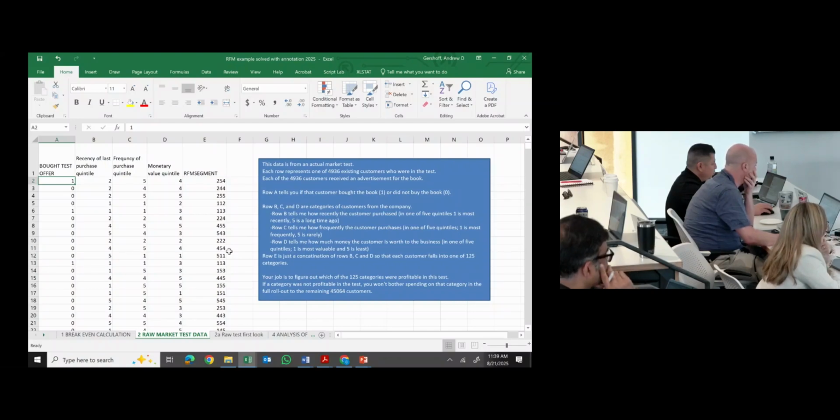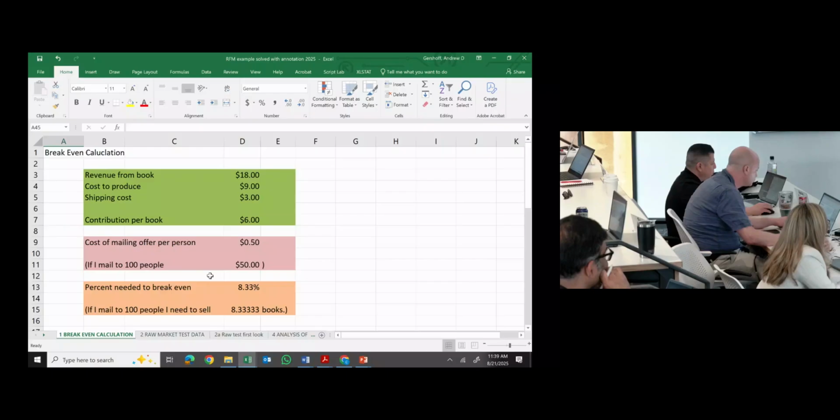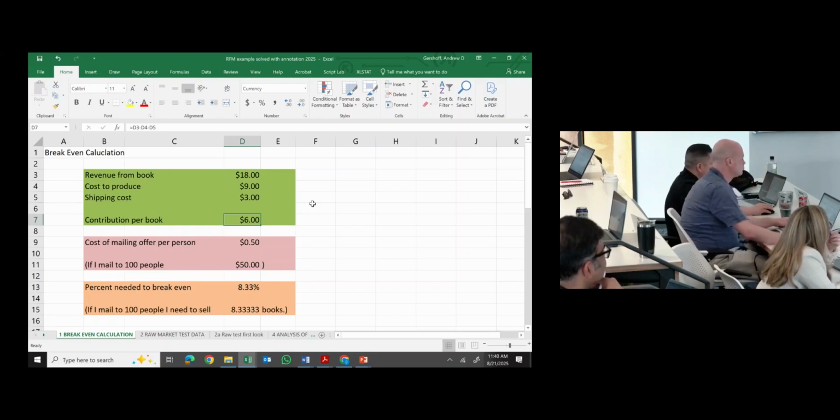What do we need to have happen in order for us to be profitable? And so that question is, what do we need in order to break even? What percentage of customers need to purchase in order for us to break even? And as I listened around, it sounded like most people got this. The contribution that I earn from each book before I pay for my advertising is $6 per book.